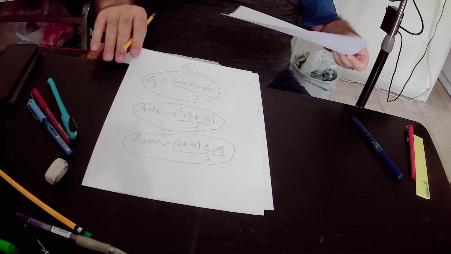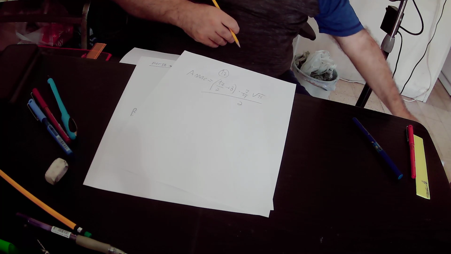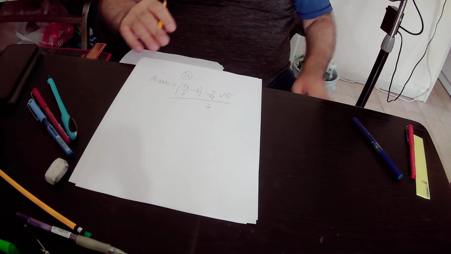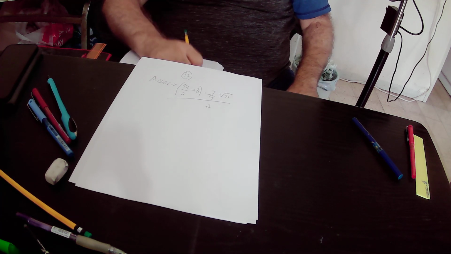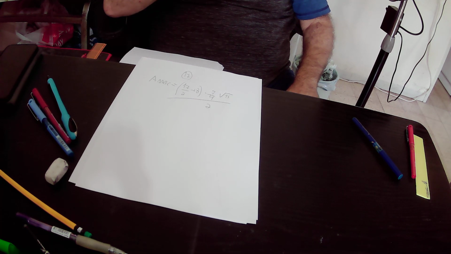So in total we got that the area of triangle ABC equals 17 over 2 plus 8 times 7 over 4 times root 15.